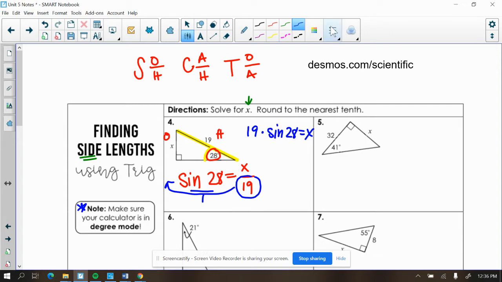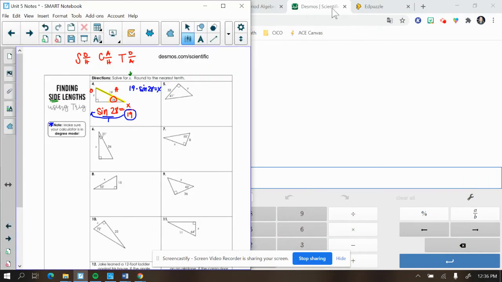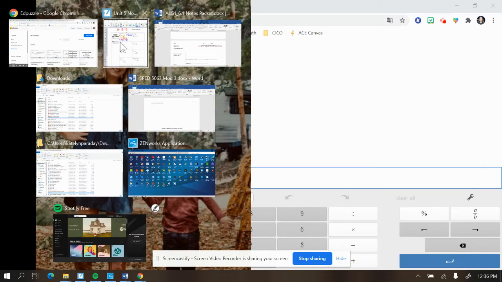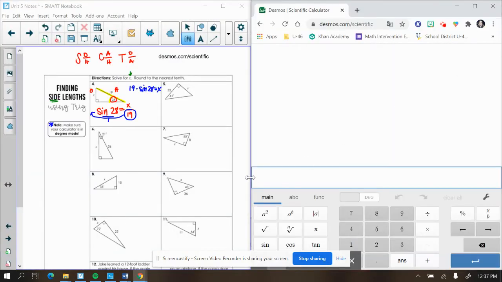Right, so then we're going to literally pull up our calculator. Let me slide my side screens to do this so that we can plug this in. There we go. Now it worked. So 19 times sine of 28 equals x.